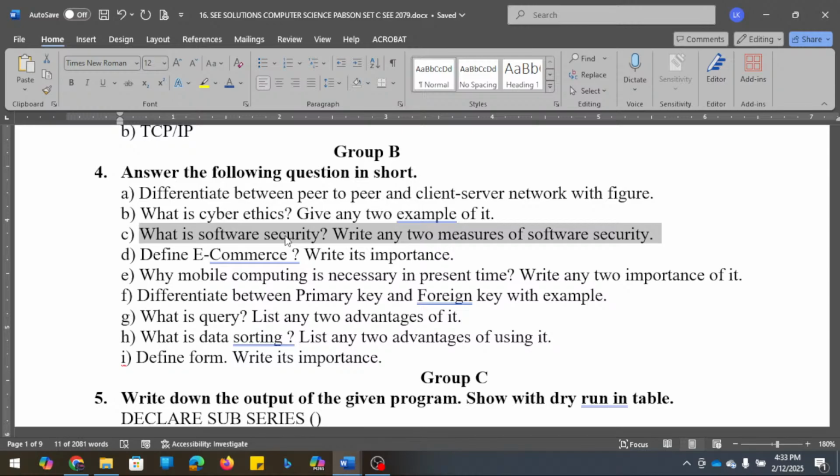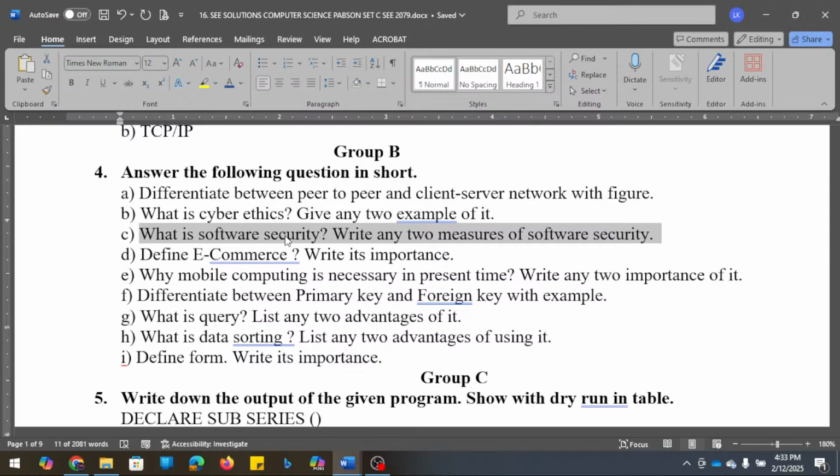When we talk about query, we can also use it to perform some operations, like deleting the data, updating the data, performing some other calculations.